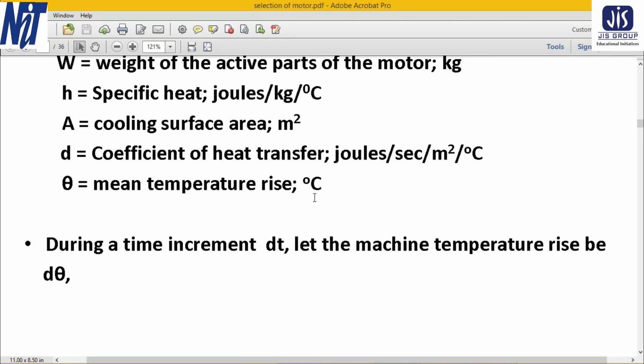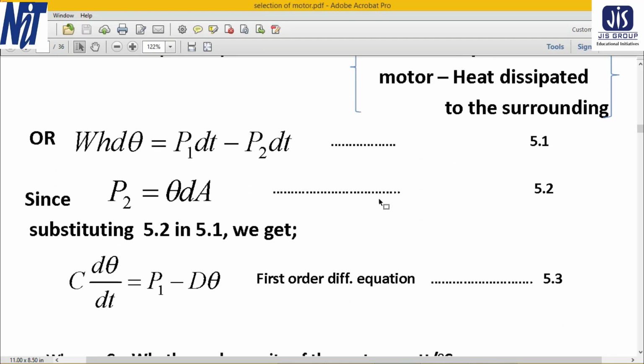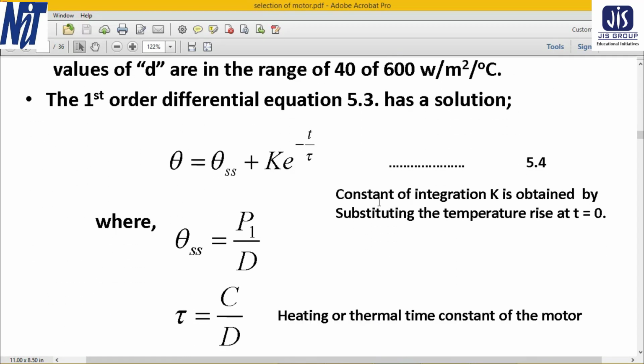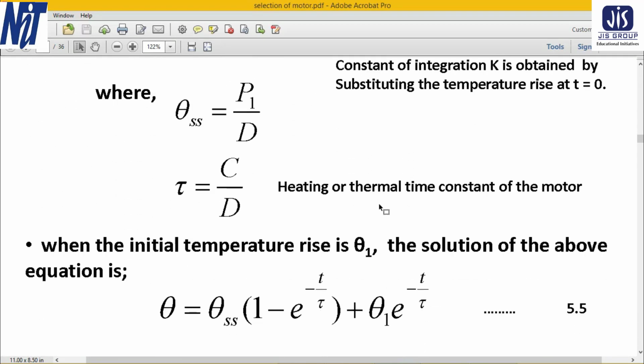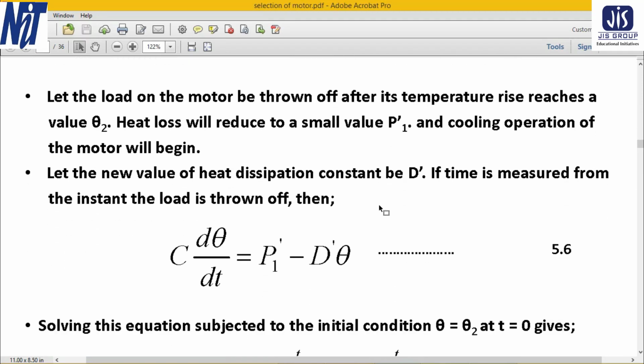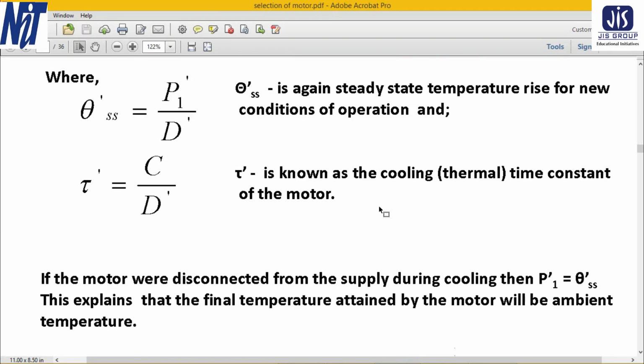So the motor is disconnected, so there is no coefficient of heat transfer. So P1 dash equals theta ss dash equals 0.